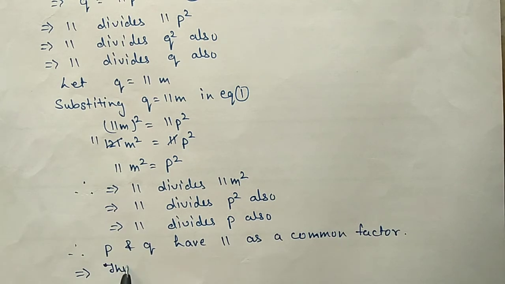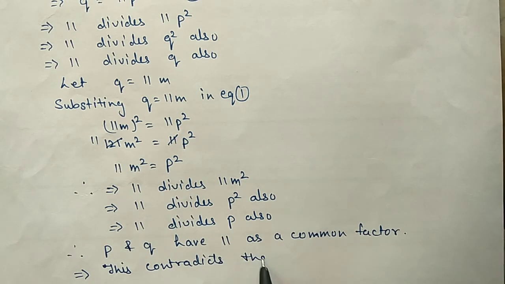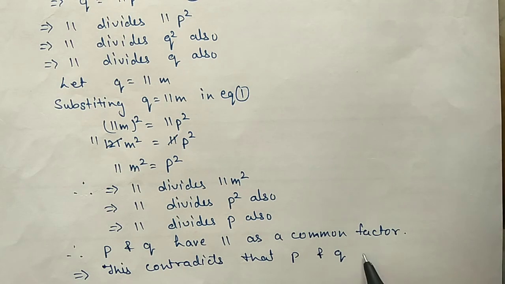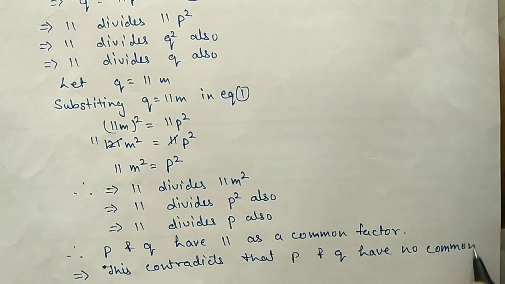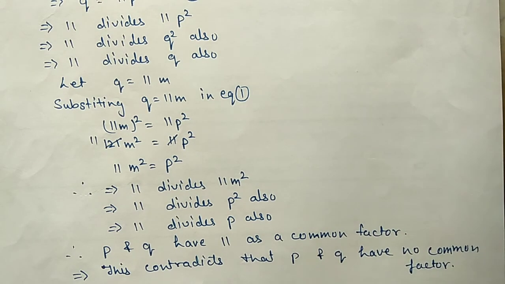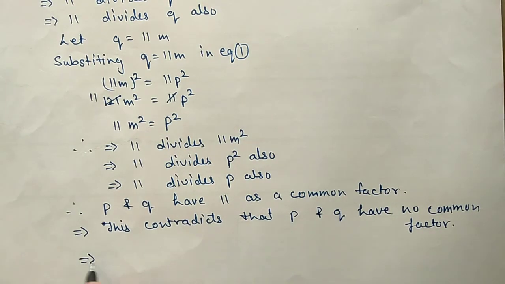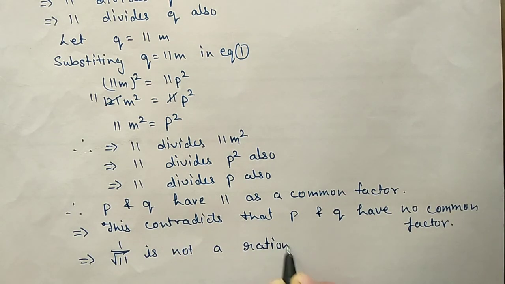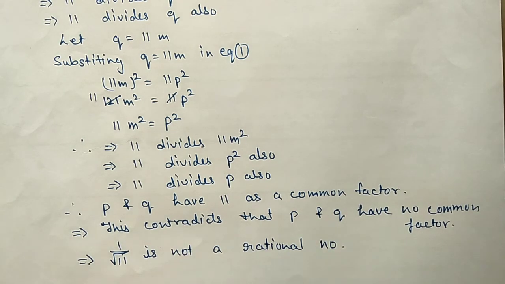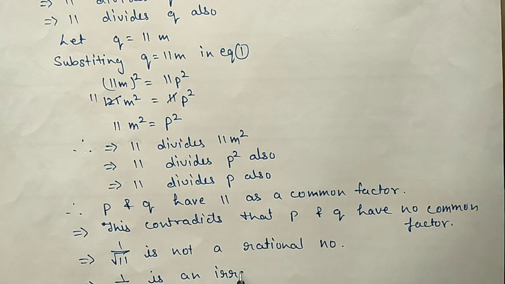This contradicts the first condition. It means we can say 1 by root 11 is not a rational number. And if it is not a rational number, it means it will be an irrational number. So 1 by root 11 is an irrational number.